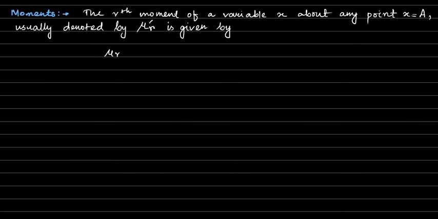mu r dash is equal to 1 by n summation over i of fi into (xi minus a) to the power r, where summation fi over i is equal to capital N, as already discussed in the previous videos.